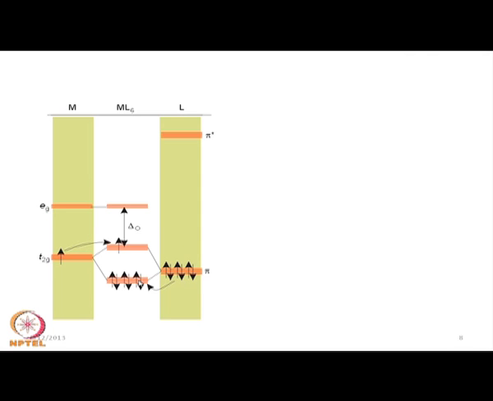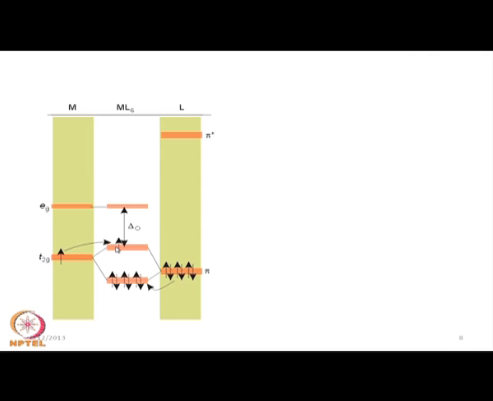These are the slight modifications we get due to pi interactions from the ligand side, and we restrict our attention mostly to this region, because it is very interesting for considering the ligand field strength or crystal field strength, that means delta O, in terms of arranging the different ligands in the spectrochemical series.